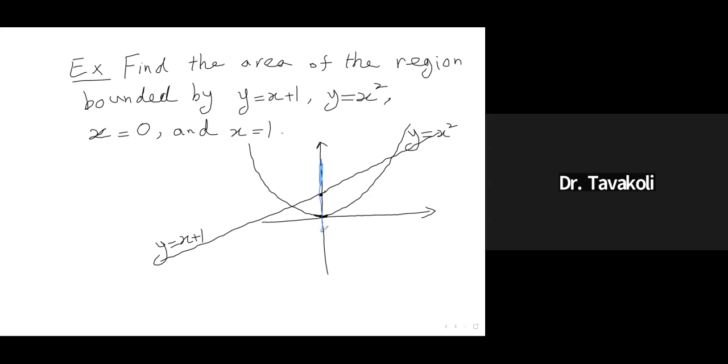So x equals 0 is, in fact, the y-axis. And x equals 1, suppose 1 is here, is this vertical line. In fact, the region that we are calculating by integrating the difference of the two functions is going to be this region.